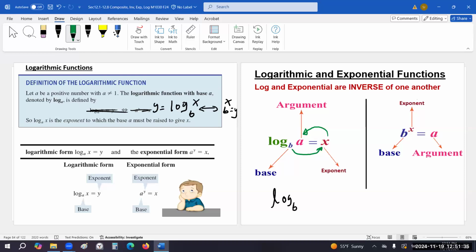If you get confused about this transformation, let me show you another trick.